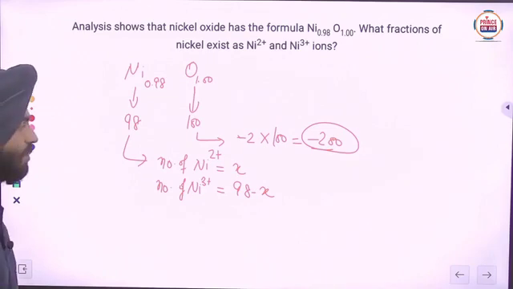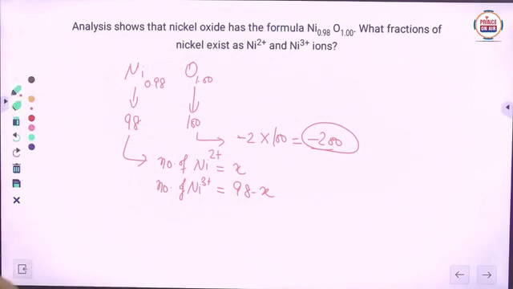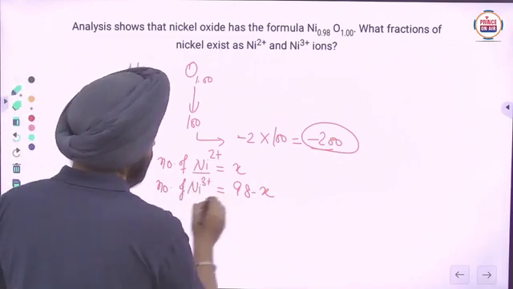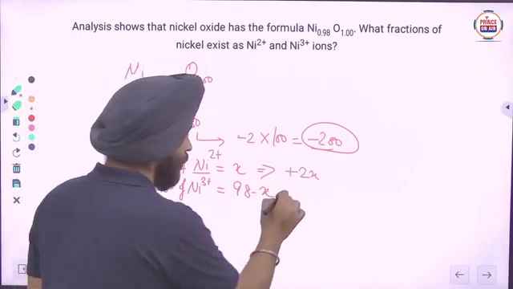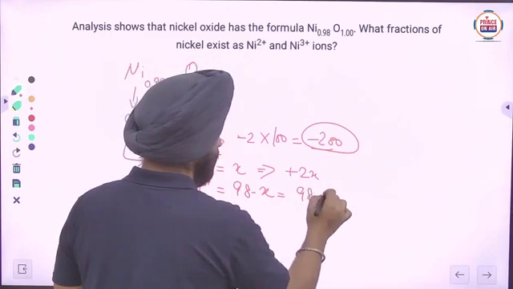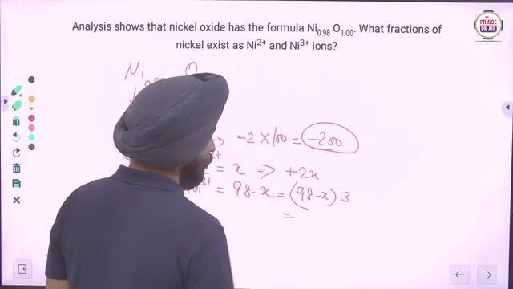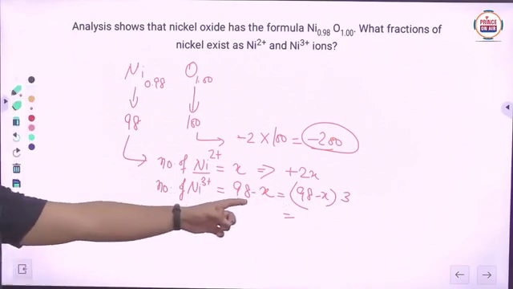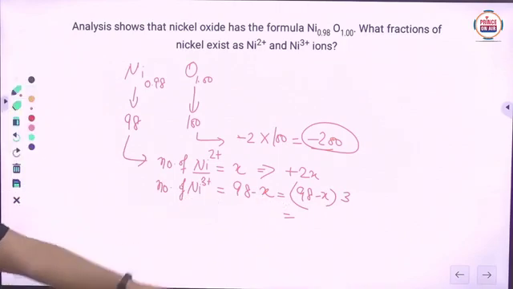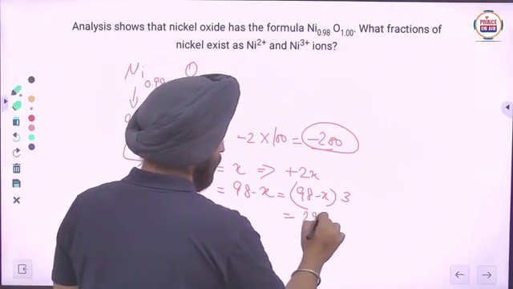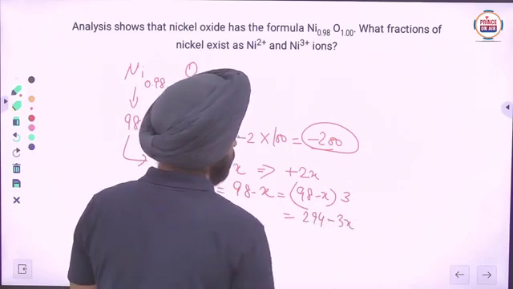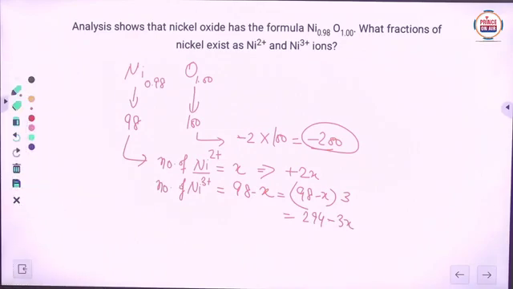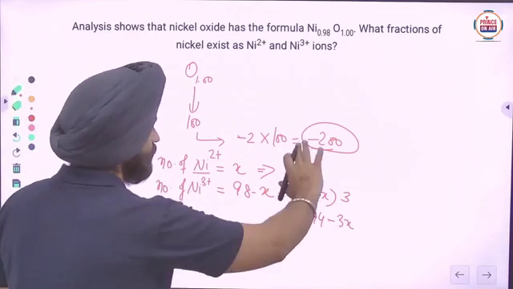So how can we do this? Firstly, calculate the total charge for nickel, which comes out to be plus 2x because it carries plus 2 charge, and for the other it will be (98 minus x) times 3, which comes out to be 294 minus 3x. Now we add these values.